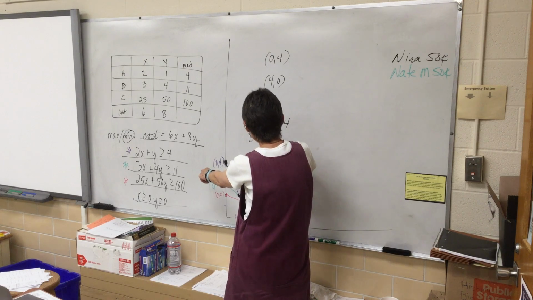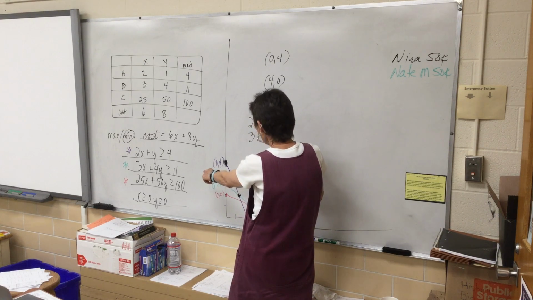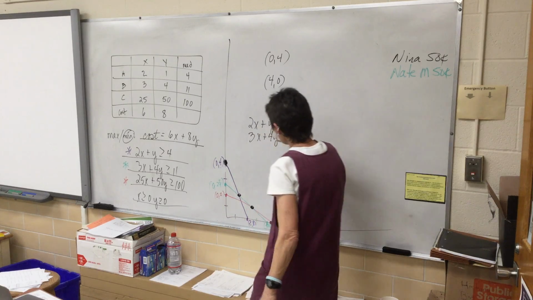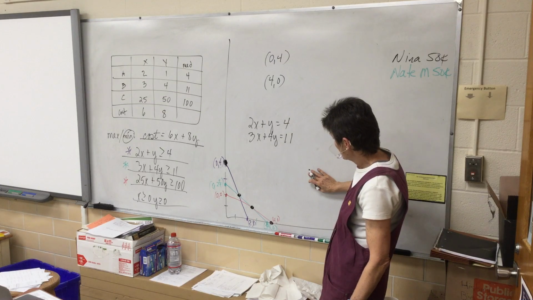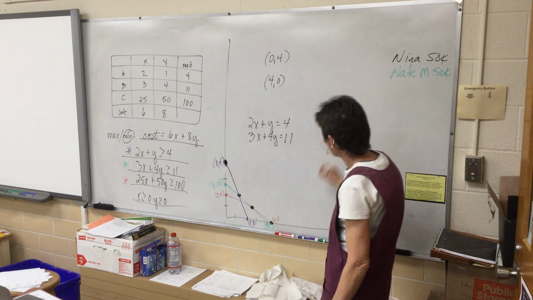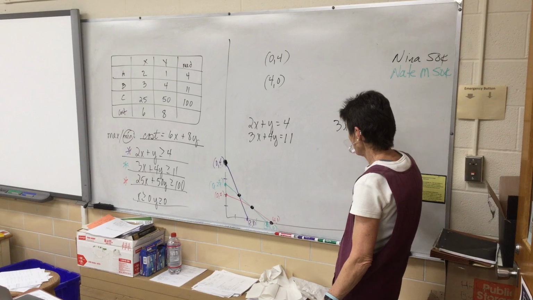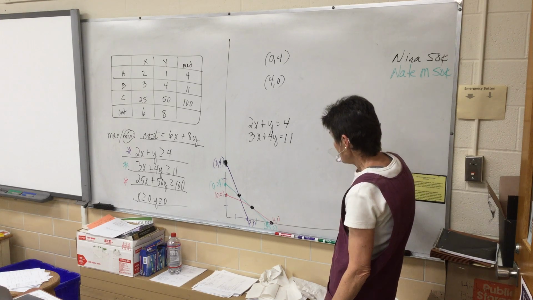So this one is the intersection of these two lines, my purple line and my green line. That's this point right here. This one is the intersection of green and red.